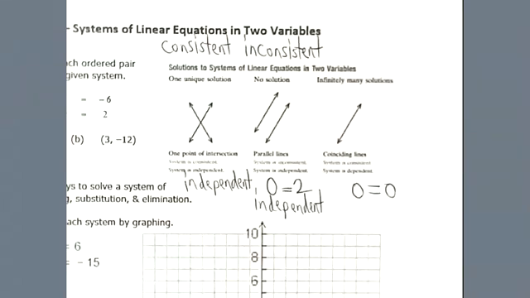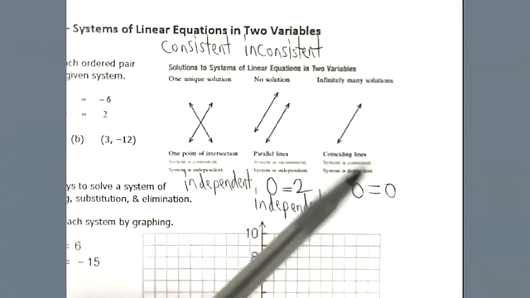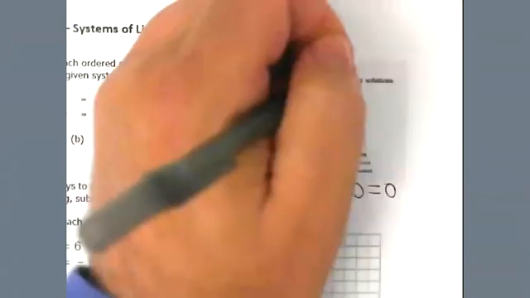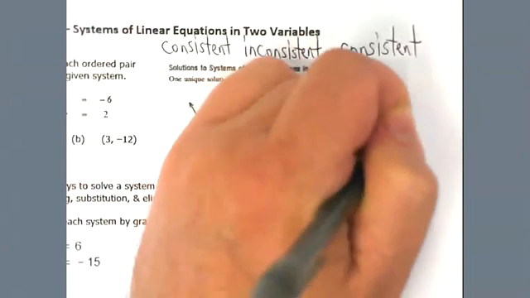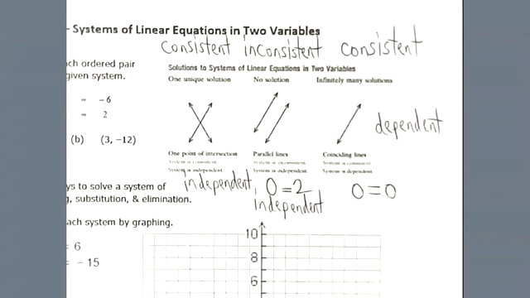So if you graph the two lines and they become one, or you get 0 equal to 0 or some other kind of true statement, all these mean infinitely many solutions. And you will label this type of system as consistent and dependent. So those are the three types of possible solutions that we can have.